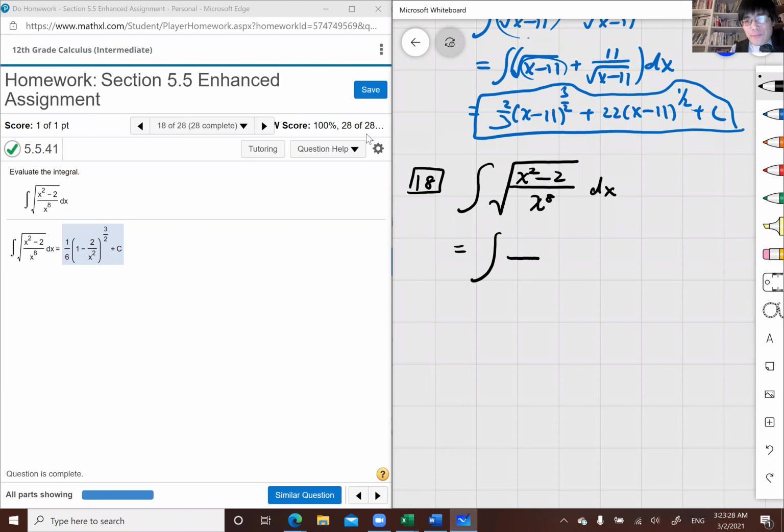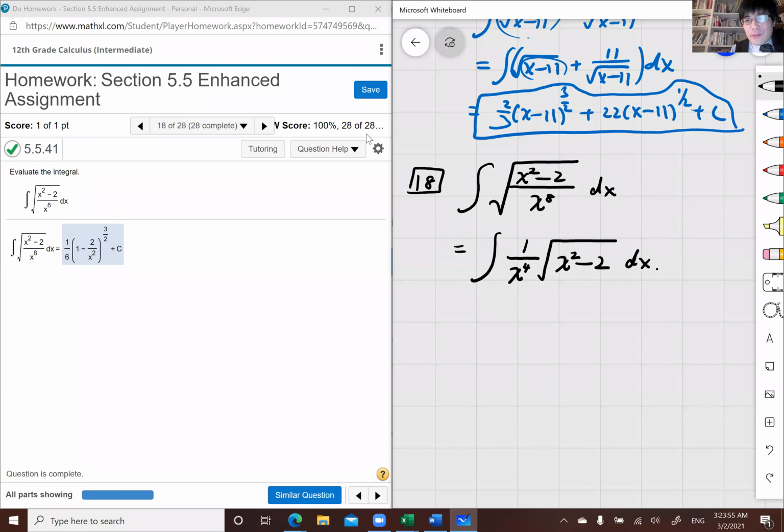You can put x to the power of fourth out. So this expression is the same thing as putting the x to the fourth out on the denominator, and you want to get x squared minus 2 dx.